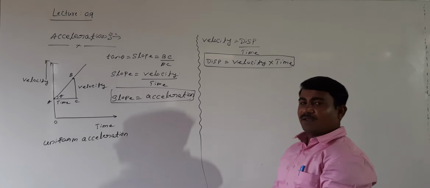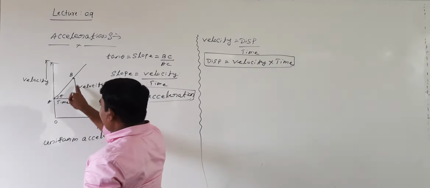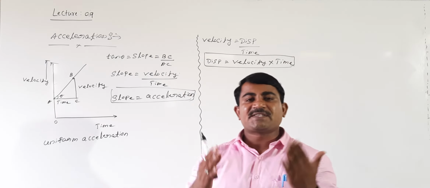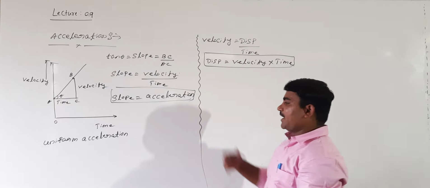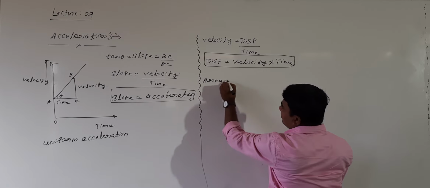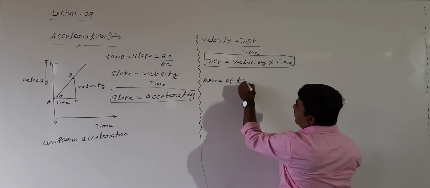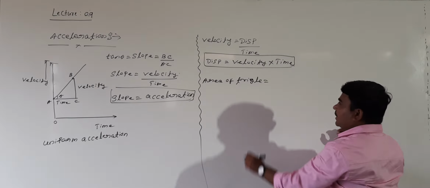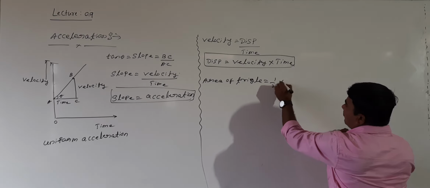On the triangle ABC, now I will take the area. Area of a triangle equals half base into height.